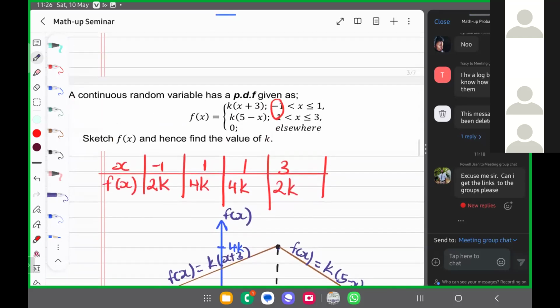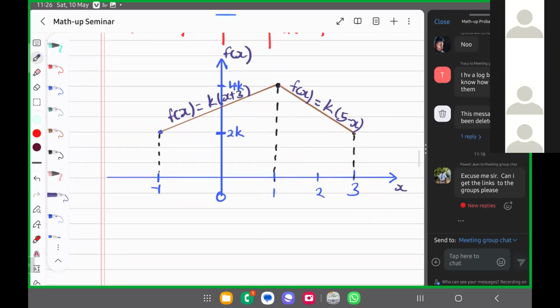We finished sketching our function, and then they're telling us to get the value of k. So the value of k will be got by considering the area under that graph. You know, for a continuous random variable, the total area covered by that graph is equal to 1. The total area under that graph represents the total probability, which is 1.